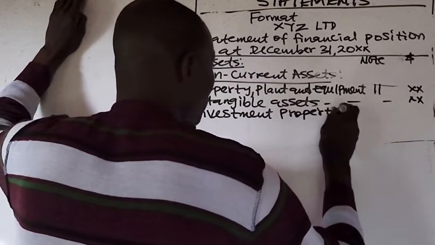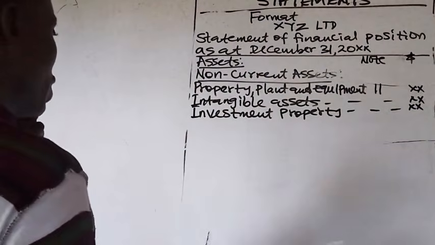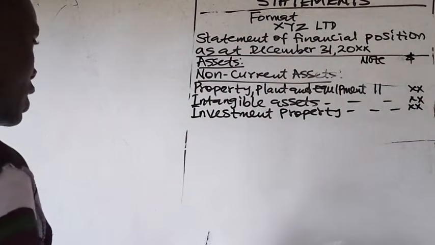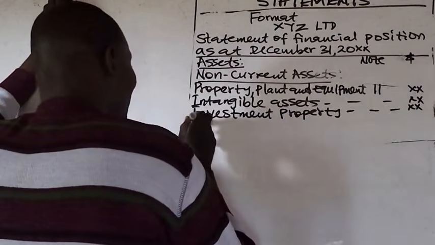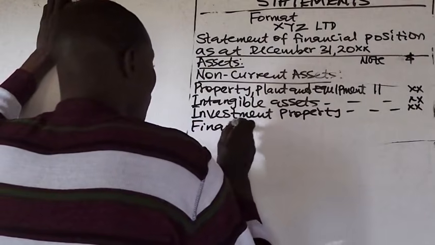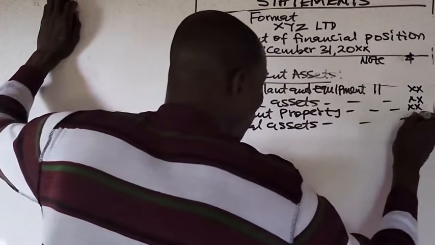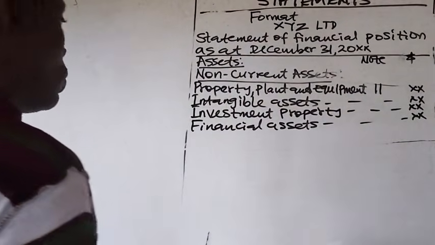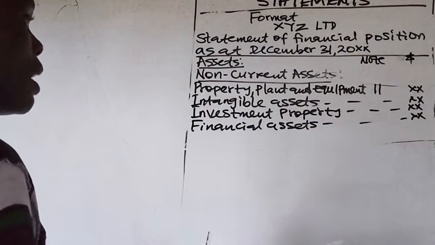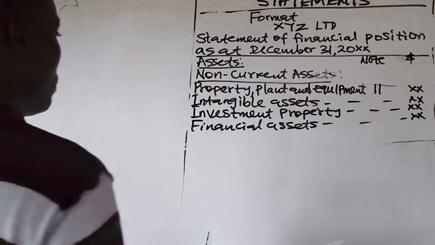Investment property will be measured in accordance with the provisions in IAS 40. Then we also have financial assets. Financial assets, you measure this in accordance with the provisions in IFRS 9. So the one that is not, the one measured at fair value through other comprehensive income.